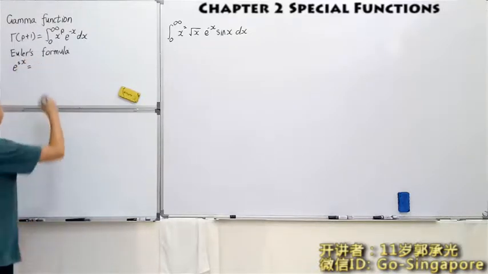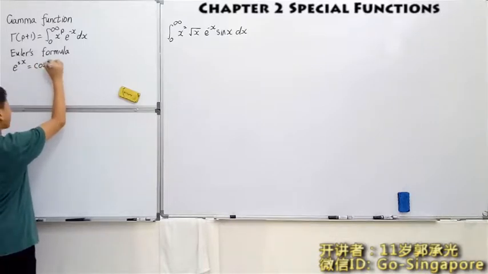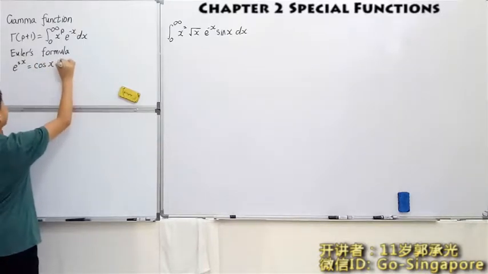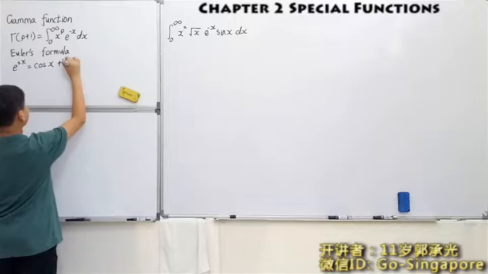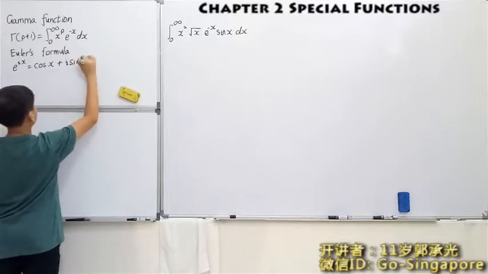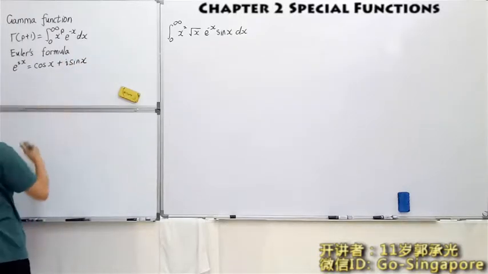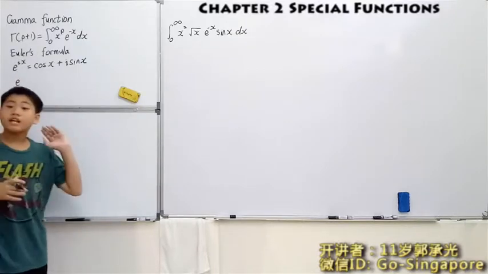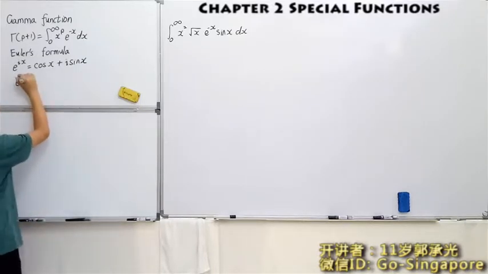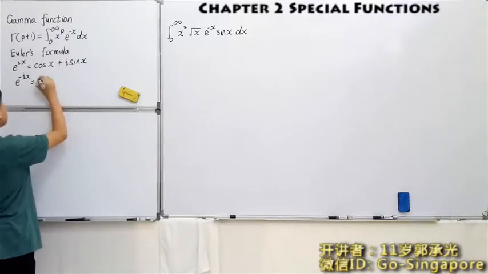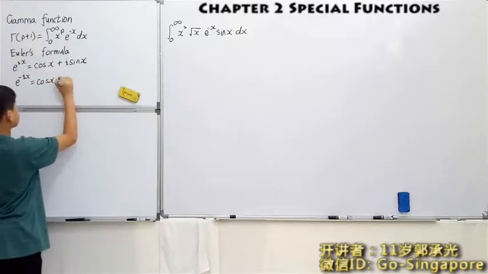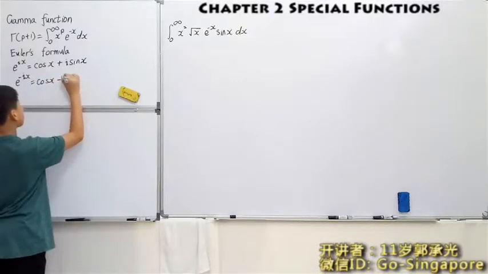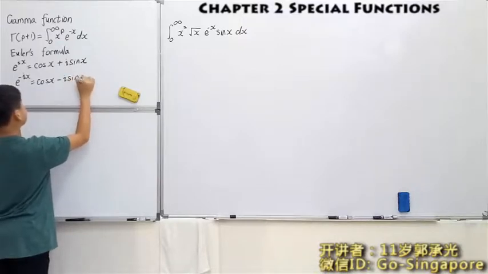Then this would be equal to cosine x plus i sine x. Then what if I add a negative in the power? e to the power of negative ix. Then this would be equal to cosine x minus i sine x.